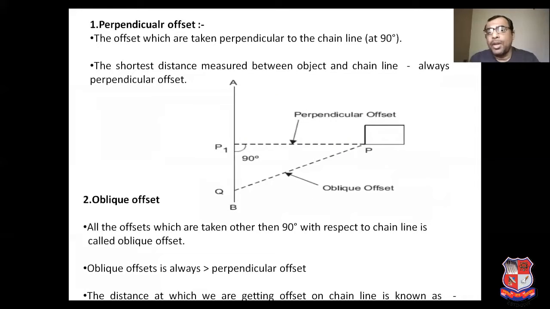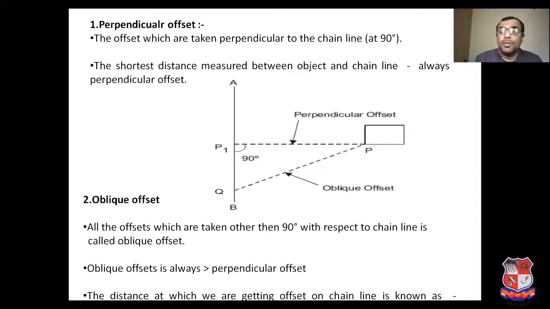First is the perpendicular offset. The offsets which are taken perpendicular to the chain line are known as perpendicular offsets. So in the figure you see the offset distance to the chain line, P1P, is measured at 90 degrees with respect to our chain line.